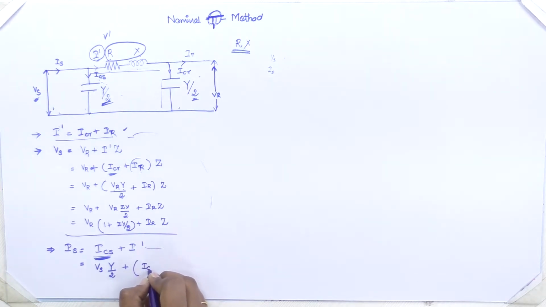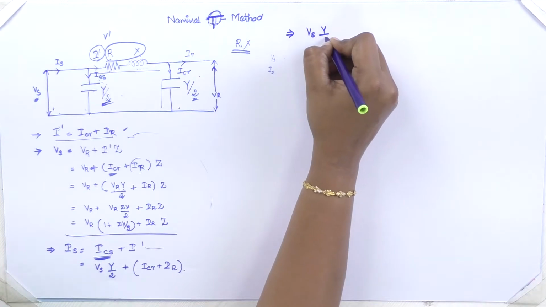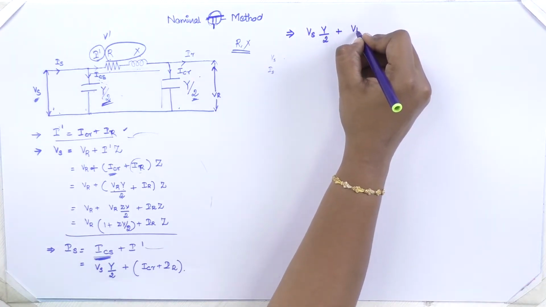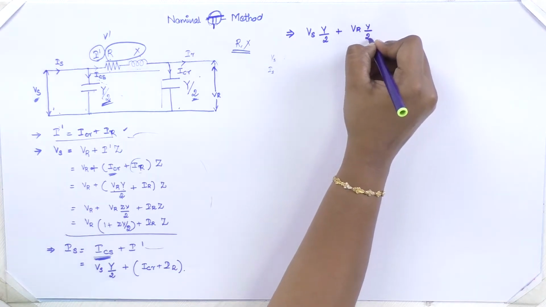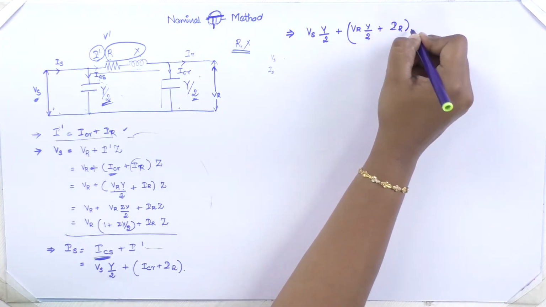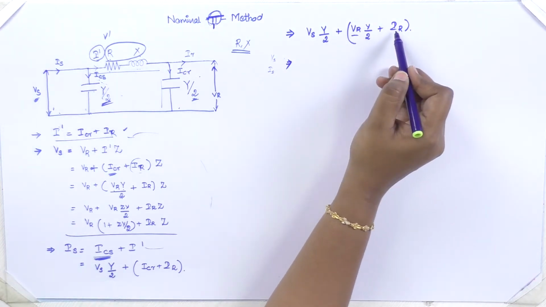I dash is equal to ICR plus IR. So now I have Vs into Y by 2 plus ICR, which is VR into Y by 2, plus IR.